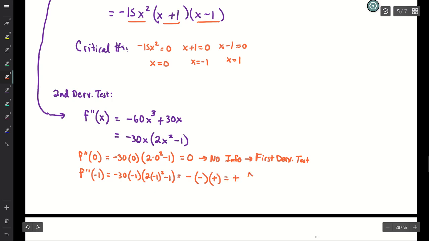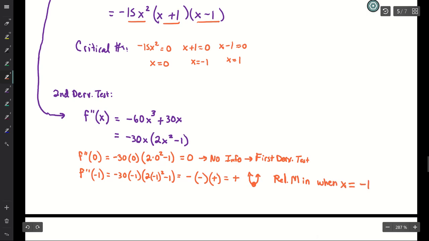That's indicating that we're concave upward at that critical number, which is going to make that critical number a minimum. So we're going to have a relative min when x is equal to, and what was that value?